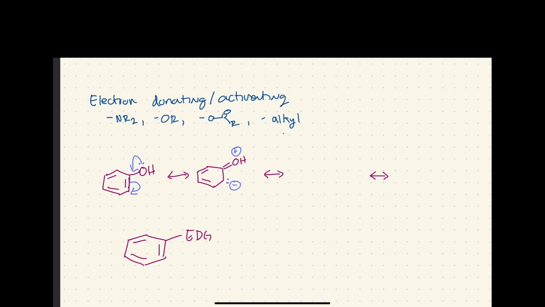I can continue to push electrons from the lone pair onto the next carbon. And what this is going to do is put that negative charge here. I can continue to push these electrons onto the next carbon. I still have my OH plus. I still have this bond, but now I've made this double bond and pushed this lone pair here.